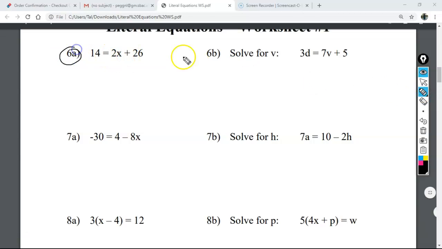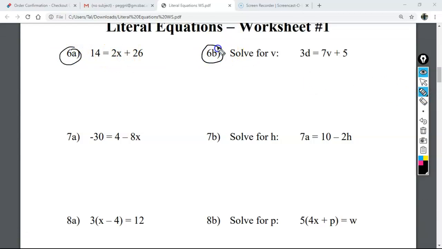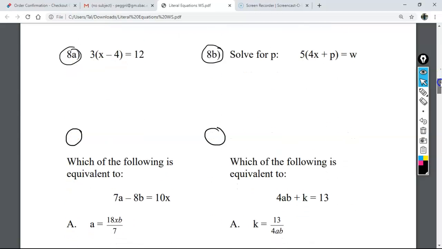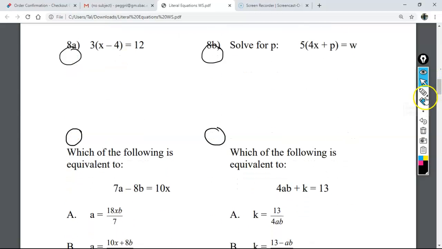So you're going to try number 6, try number 6B, try 7A, try 7B. All right. And I do want to come down to 8A and 8B, and I want to help you with those. I think you can try some of those other ones for yourself, given the ones that we've already worked on. There we go.